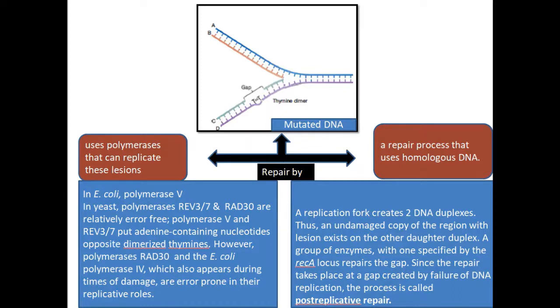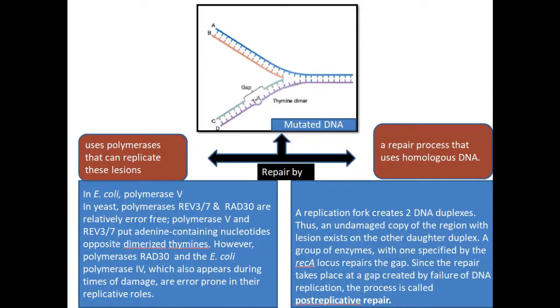It does not remain confused there. But in the case of RAD30, sometimes it might be error prone. So one strategy to repair such mutated DNA containing thymine dimers as well as gaps is to use polymerases which can replicate the lesions.